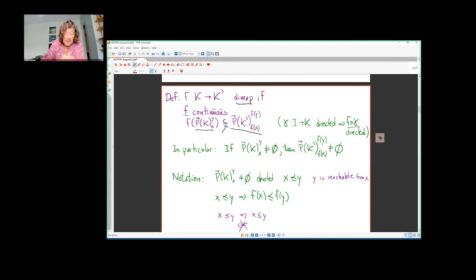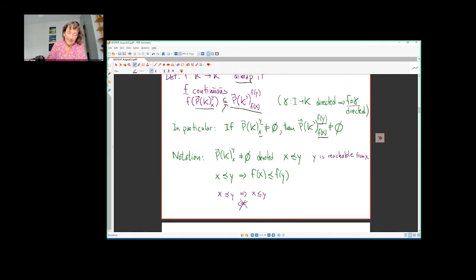Okay, and in particular, if I have paths from x to y, then there should be paths from f of x to f of y. So I'm going to denote that x is less than or equal, with such a curly inequality sign here, to say that there's a path from x to y. So what I'm saying here is that if there's a path from x to y, then there should be a path from f of x to f of y. And every time I say path, I mean directed path.